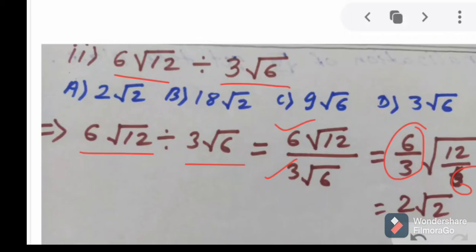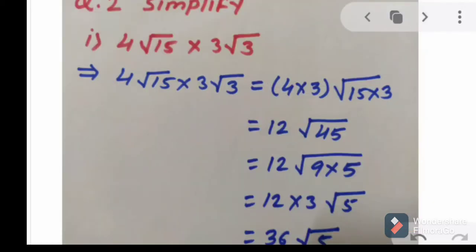Now come for the next example. 6 under root 12 divided by 3 under root 6. We are going to select the proper option. 4 options are there.